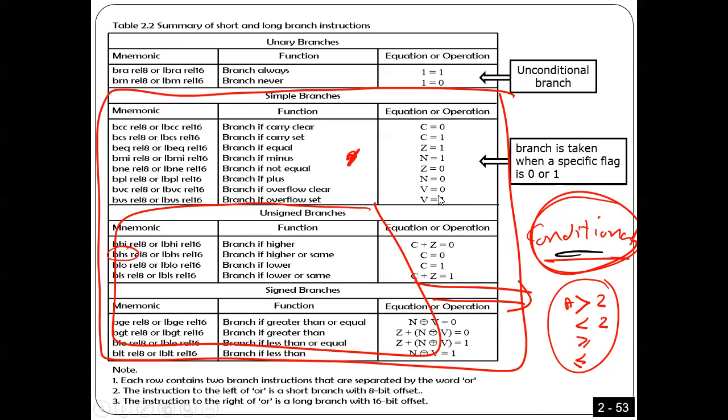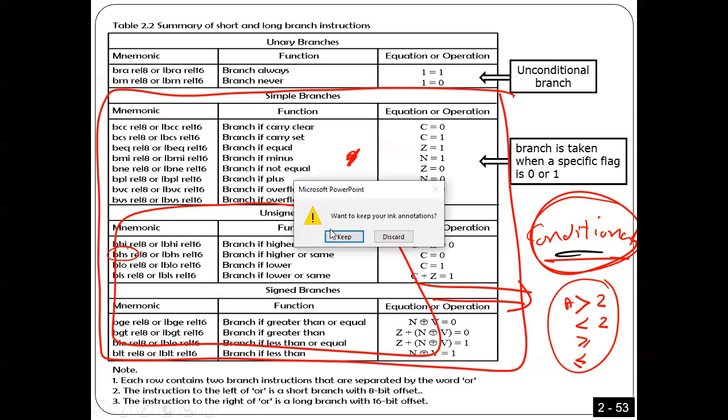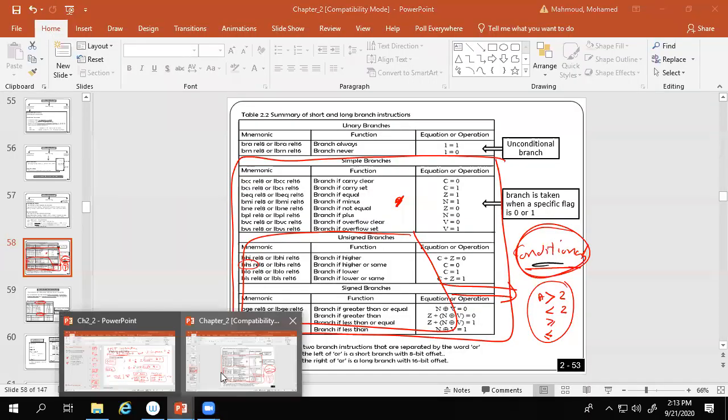So I have all of them, all 8, because we have 4 flags. For every flag, we have 2 branches. One branch if this flag is 0, one branch if this flag is 1. Is that okay?